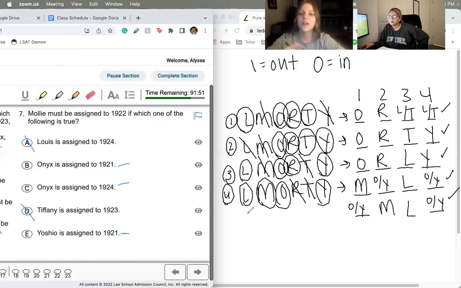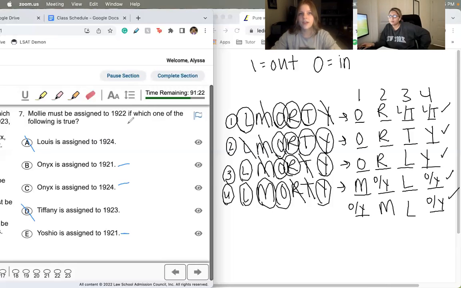So this question is worded a little bit differently. It's worded in a way that we usually don't see too often, or at least we haven't talked about too often in class or in general. But technically, it's which one's not true? It's kind of like a backwards must be true, if that makes sense.